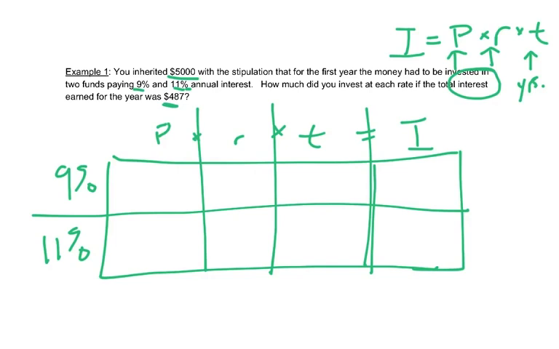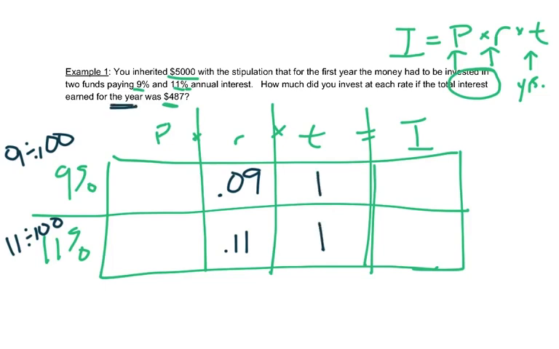So that's going to be our rate. That's going to make this be 0.09 and 0.11. Remember to put that in as a decimal. We do 9 divided by 100 and 11 divided by 100. That changes a percent into a decimal. Our time, we say, for 1 year. And then here again it says first year.